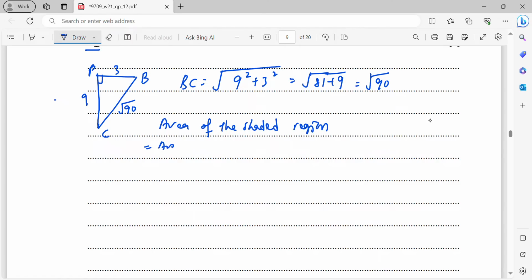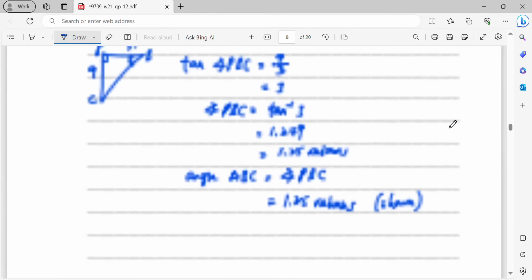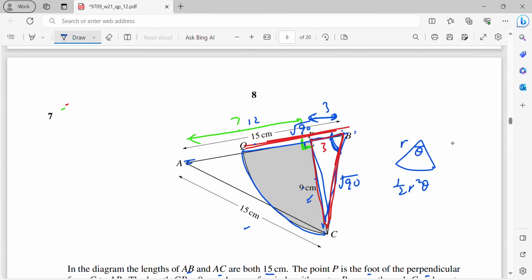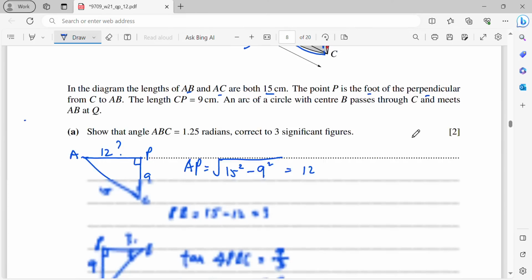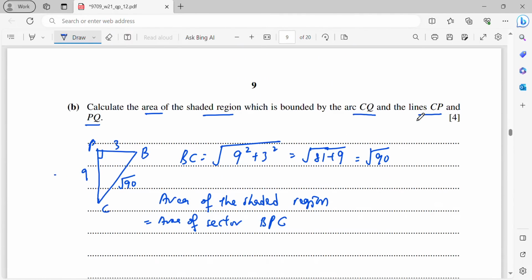equals to area of sector BPC. Is it BPC? Let's check. Oh, sorry, BQC. Okay, BQC minus area of triangle BPC.